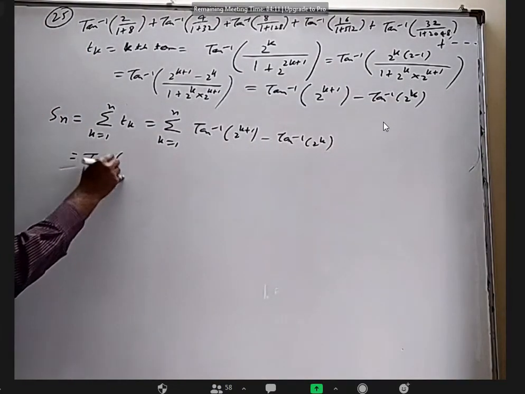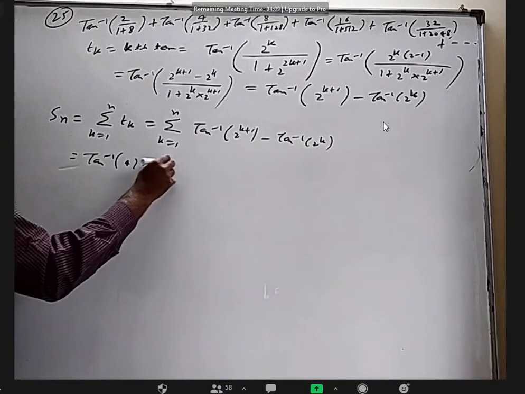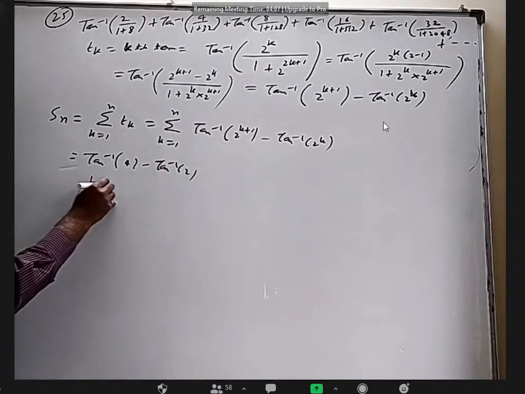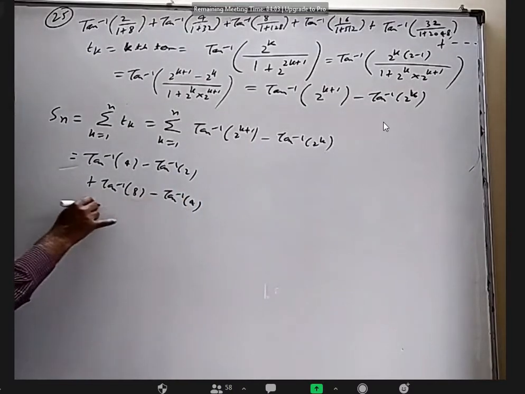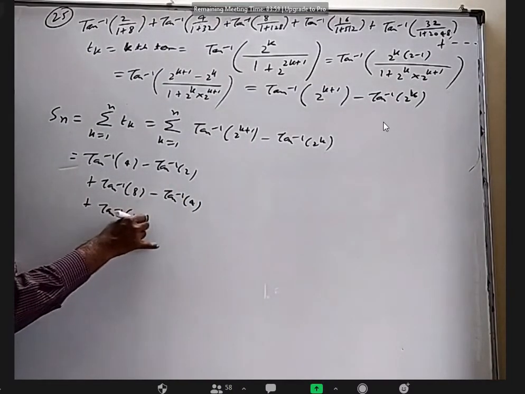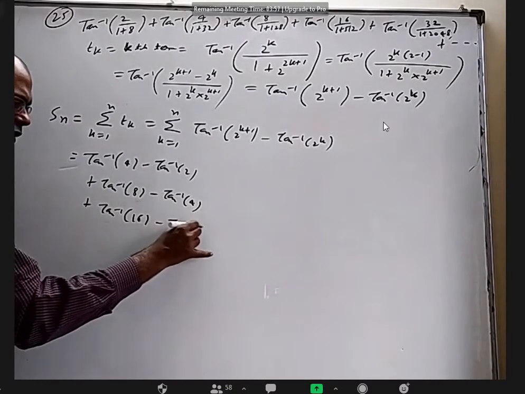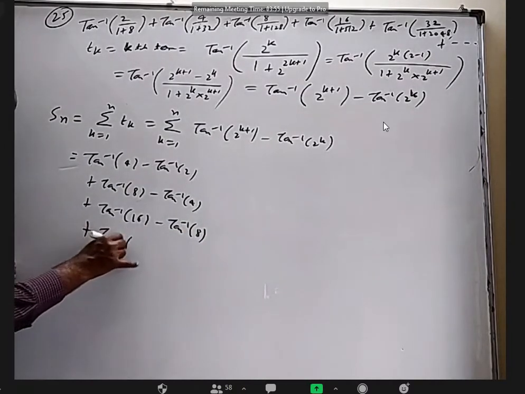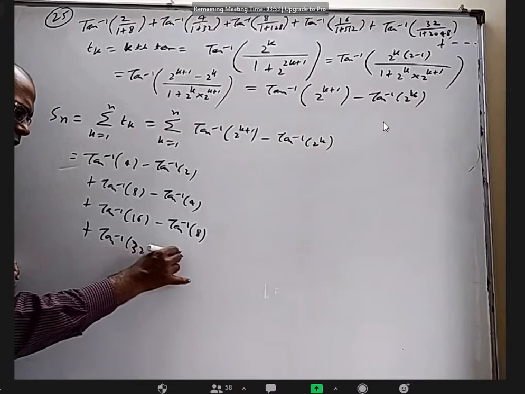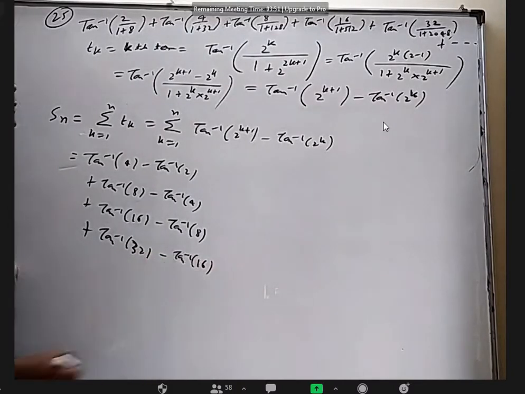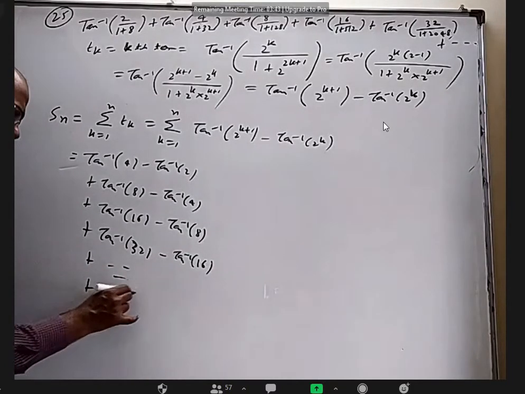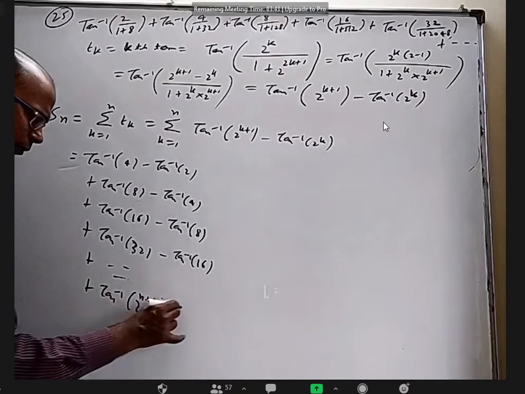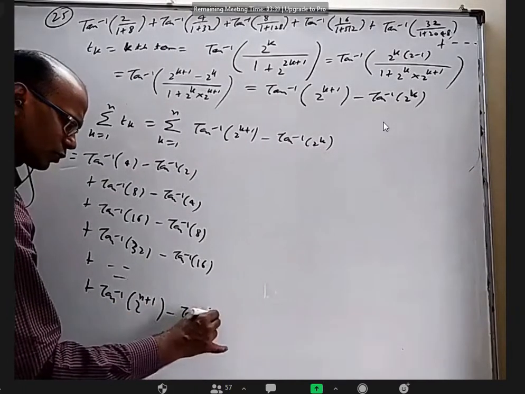That is tan inverse 4 minus tan inverse 2 plus tan inverse 8 minus tan inverse 4 plus tan inverse 16 minus tan inverse 8 plus tan inverse 32 minus tan inverse 16. Can write further. This is tan inverse 2 power n plus 1 minus tan inverse 2 power n.